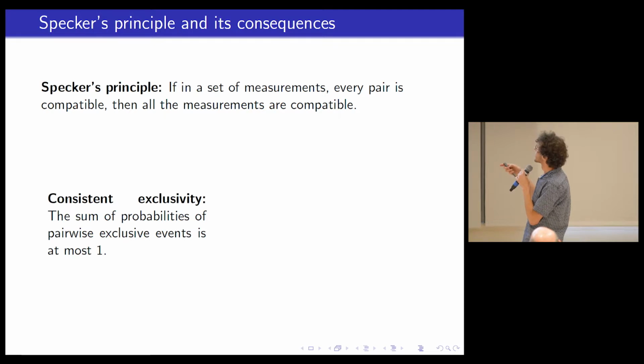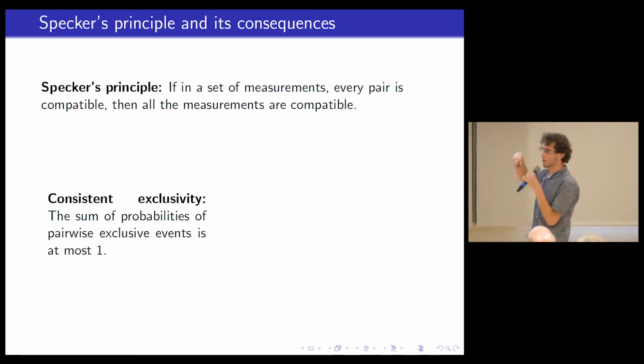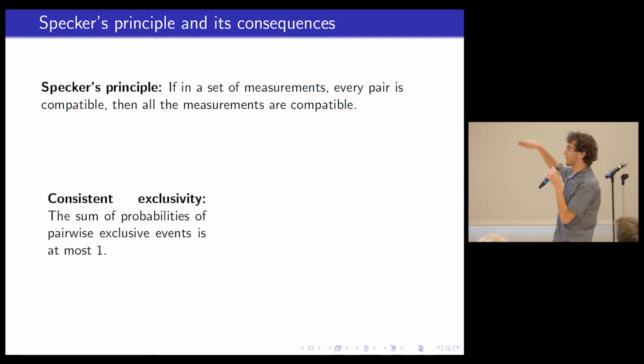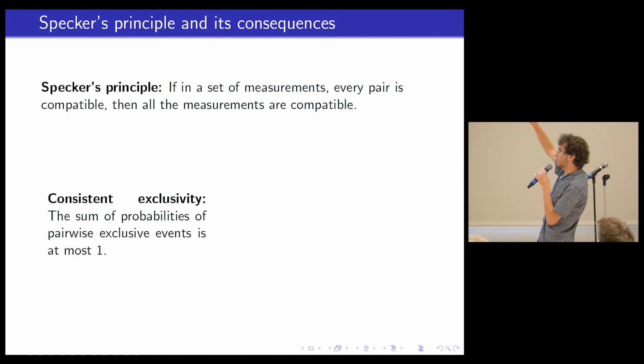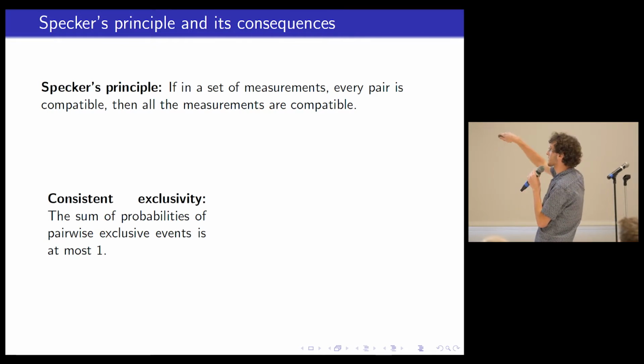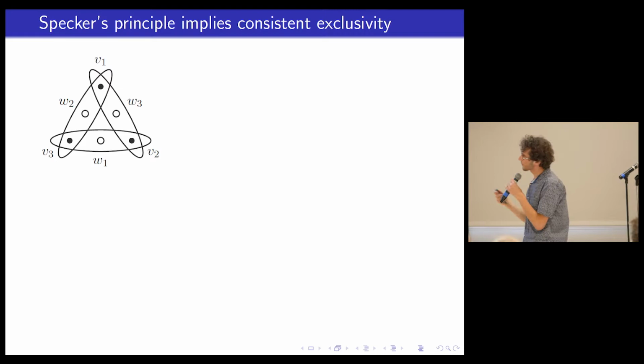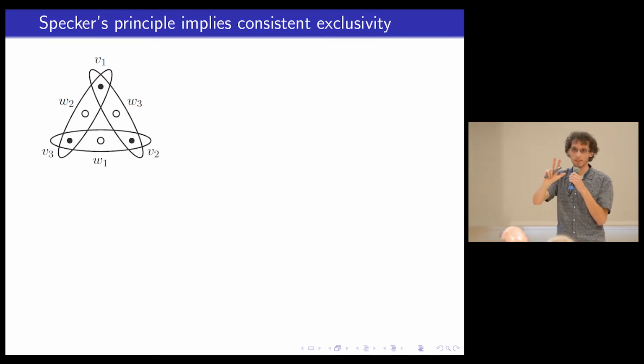OK, so since I have enough time, I will go through an argument for why Specker's principle actually implies this principle of consistent exclusivity. Maybe that will make it more precise what it actually means as well. Here, I will do it for just a set of 3 events, and the argument is similar for more events as well.